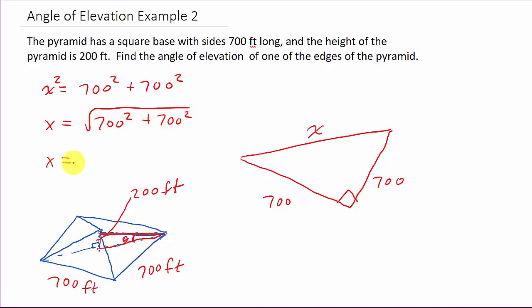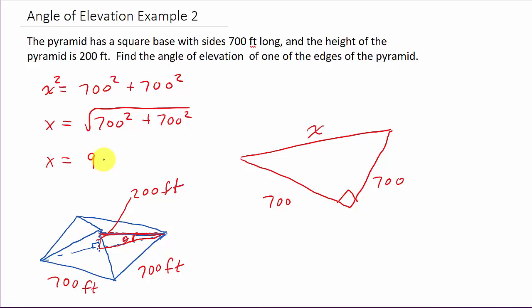And so let's see. I'll have to put that in my calculator. So 700 squared plus 700 squared. And let's see if that is a perfect square. And it is not. It's 989.9494937. I'm going to round this just to make it easier to do.